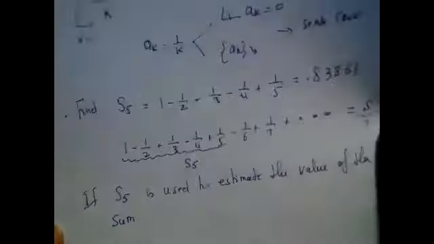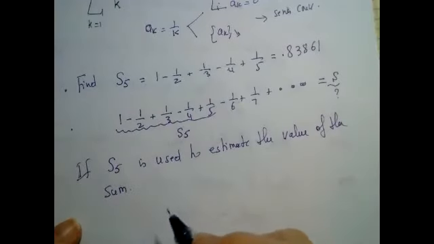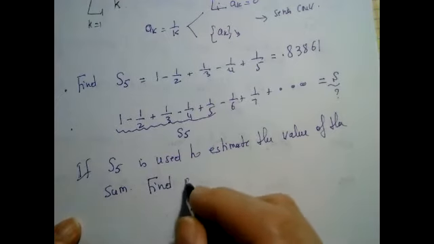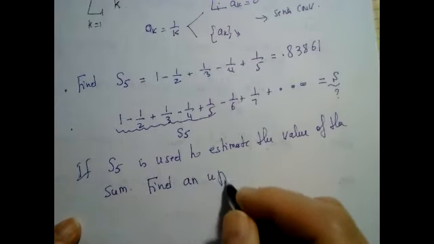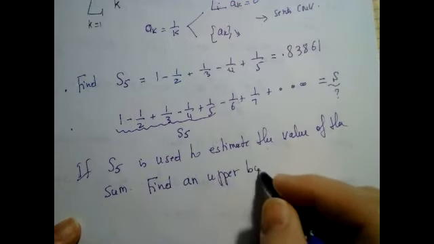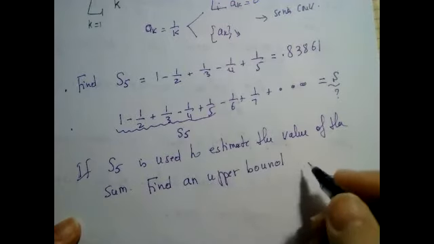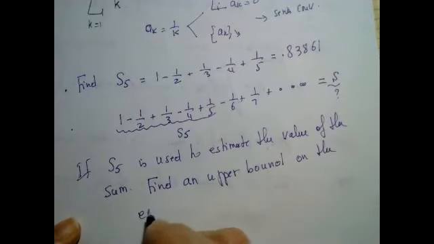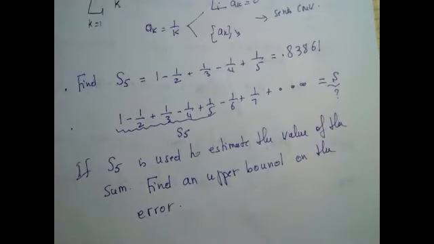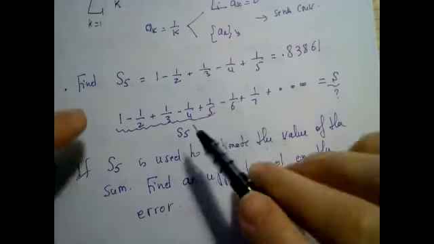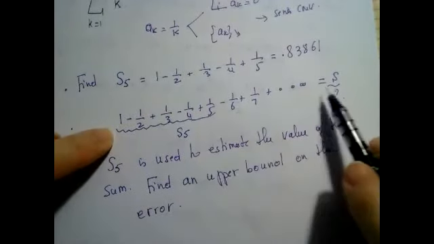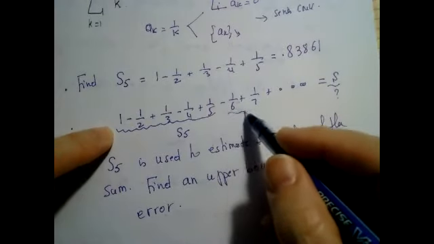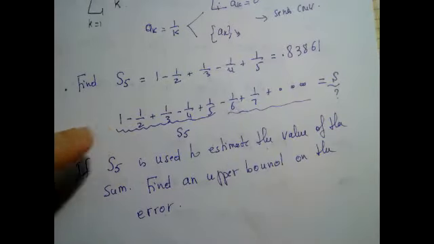Find an upper bound on the error produced. It means find what's the maximum value that the error can have. That's really the question. When I use S5 to estimate the whole sum, there is an error because I am missing all those terms. What is the error?